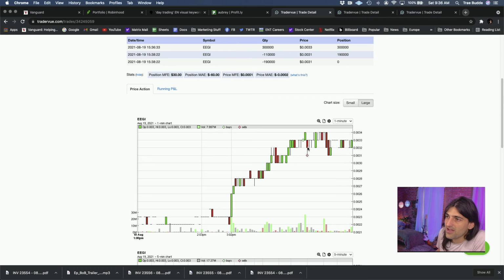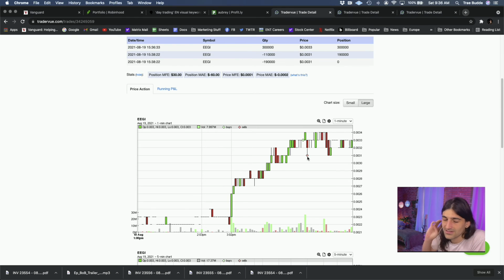Whatever. But I got shaken out when we got to this level, and I clicked the flatten now button, which had me bottom tick this entire candle. And if I waited 1, 2, 3 minutes, this was a $90 profit. The 34 range right here, this was $90. Instead, I took a $60 loss.